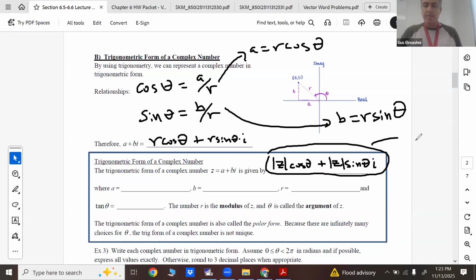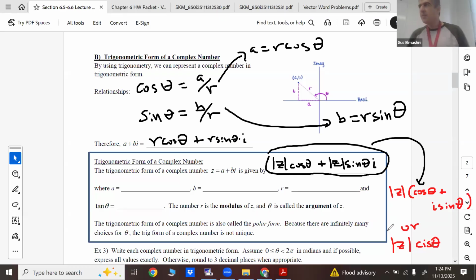This is going to be a more proper way of writing it, and a condensed way of writing it too. Okay, I'll give you guys a moment to write this down and I'm going to talk about it a little bit.